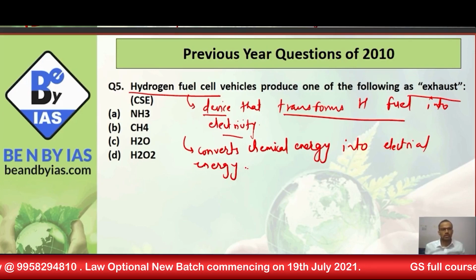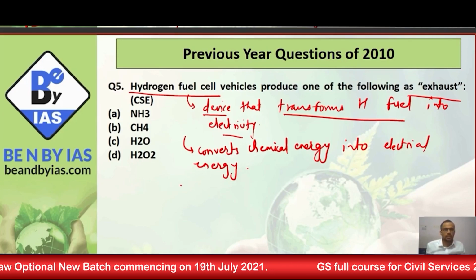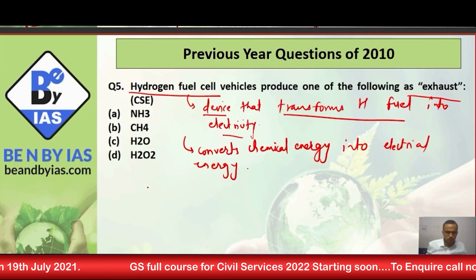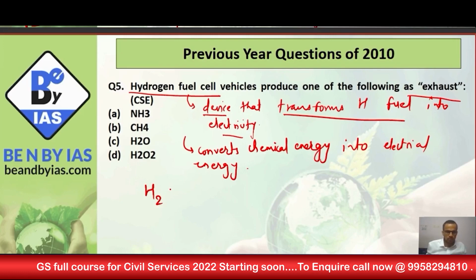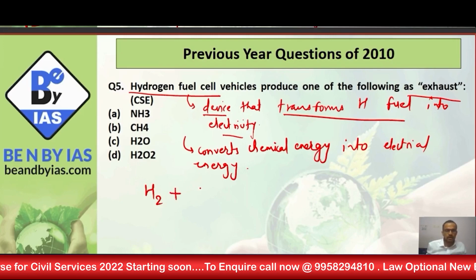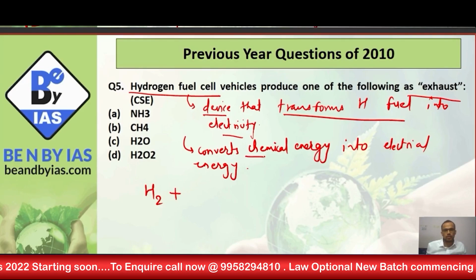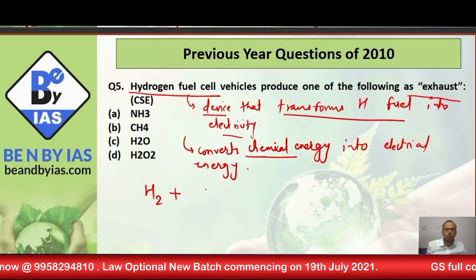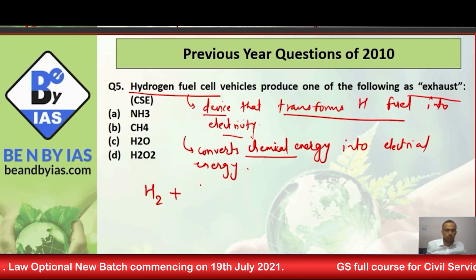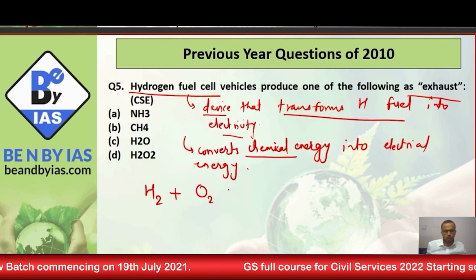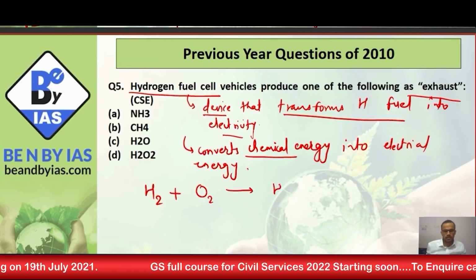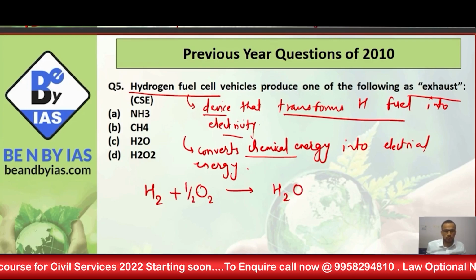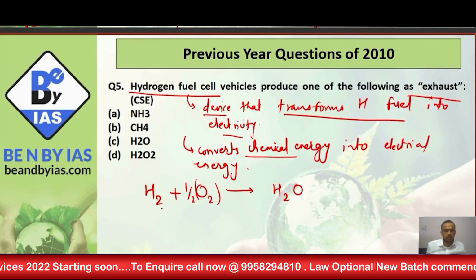Fine. And what is the reaction that occurs in the hydrogen fuel cell? As they are using hydrogen, this conversion of chemical energy into electrical energy occurs in the presence of an oxidizer, and we know the best oxidizer is O2, and that's why the reaction is like this, in order to balance it. Fine.